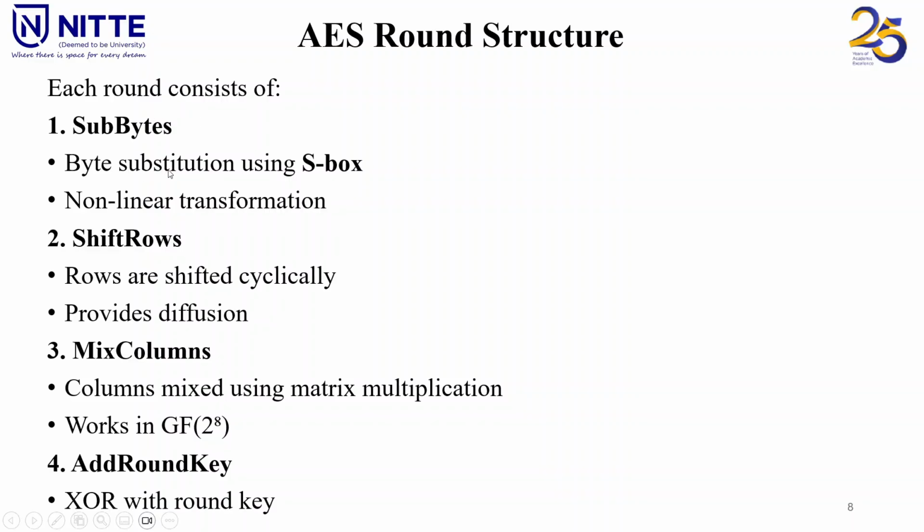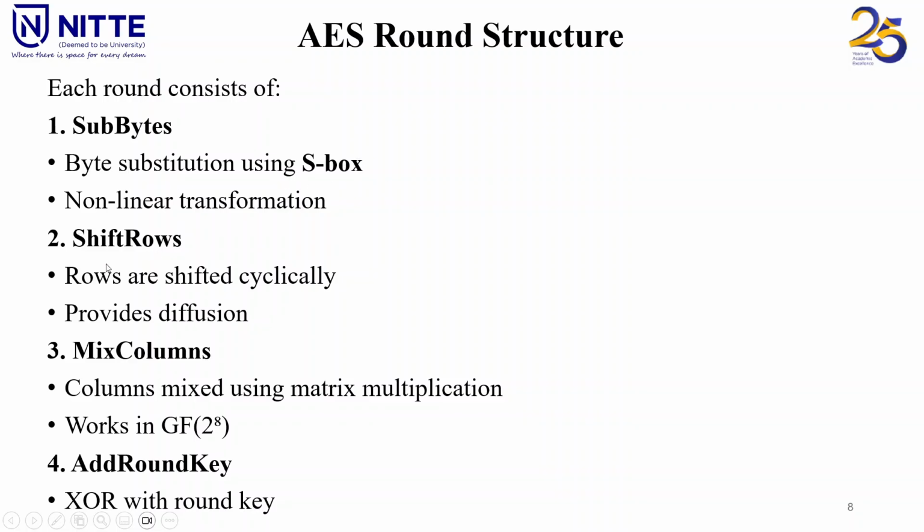Whatever value we have in the 4x4 matrix, every cell value gets replaced by the corresponding S box value. This is called a non-linear transformation. After all 16 bytes have been converted into S box values, we move on to the next transformation.